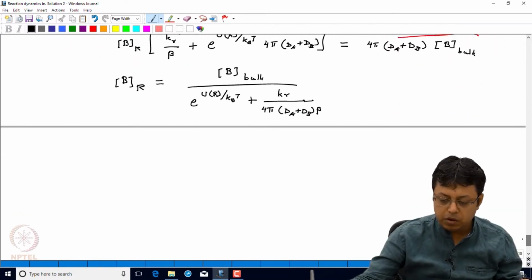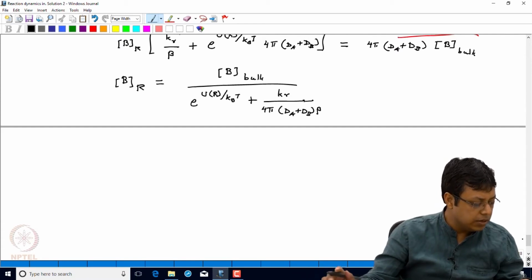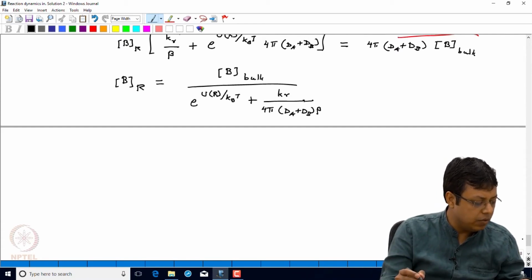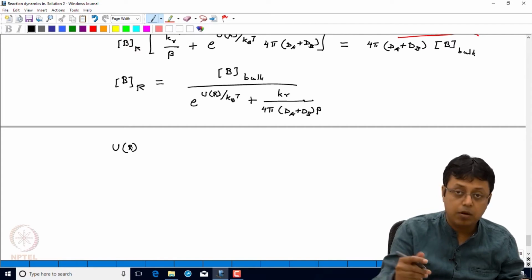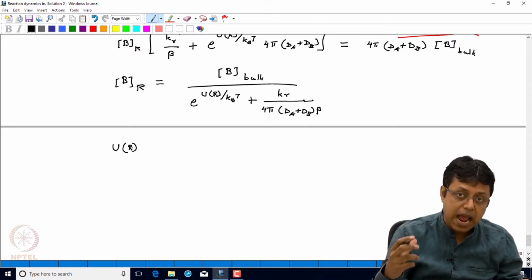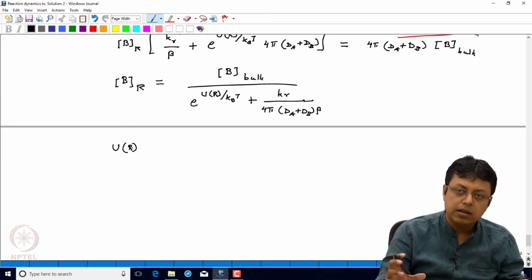So remember that all we have to evaluate is the rate. So what we can say is that u of r, meaning the potential at the reactive zone, will be very small.